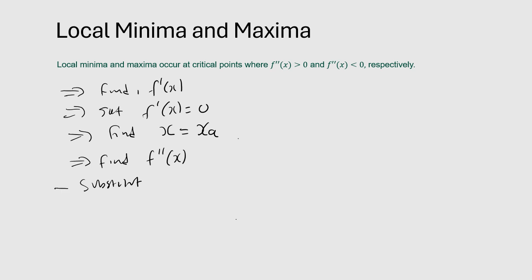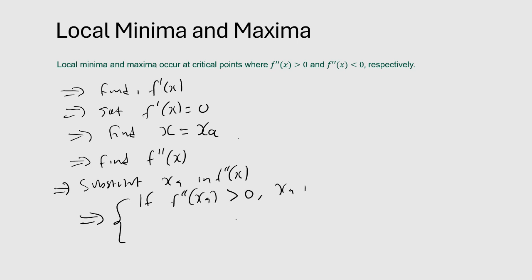Then substitute your xa into f prime prime of x, the second derivative. Then you have two options. First, if f prime prime of xa is greater than 0, then xa is a local minima.